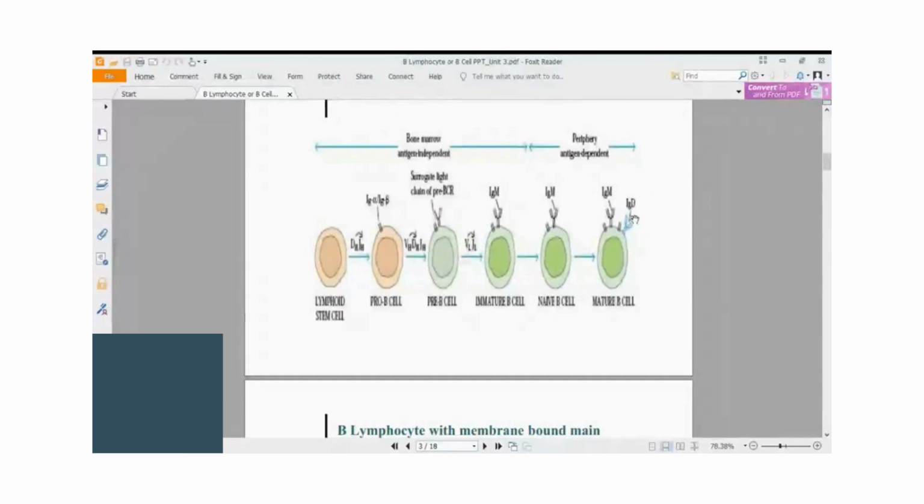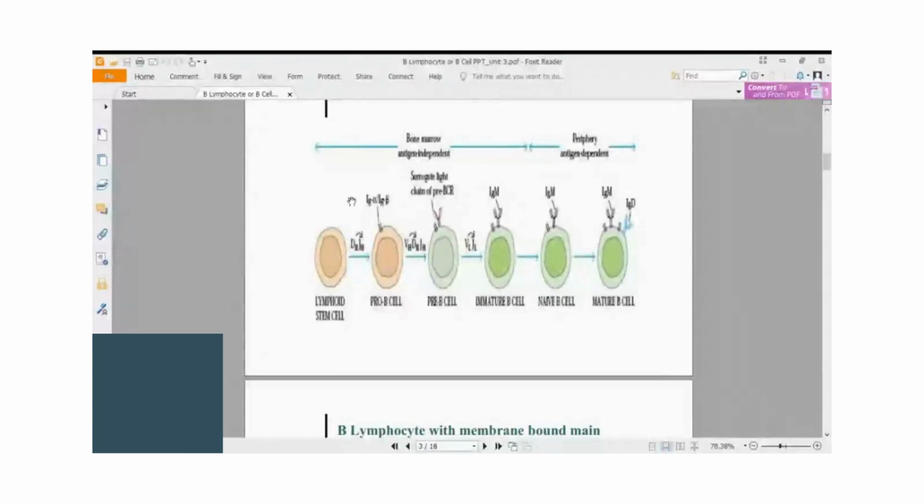Therefore, these two antibodies are always expressed first, and they become the receptors on the B lymphocyte. But the major receptor of the B lymphocyte is IgM, and IgD becomes subsidiary. Similarly, even though Ig alpha and Ig beta are expressed first, they also become subsidiary receptors. They help in assisting MIgM.